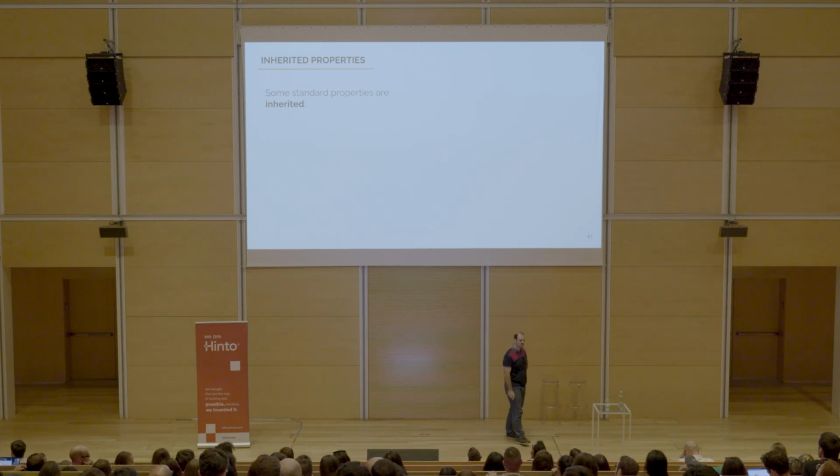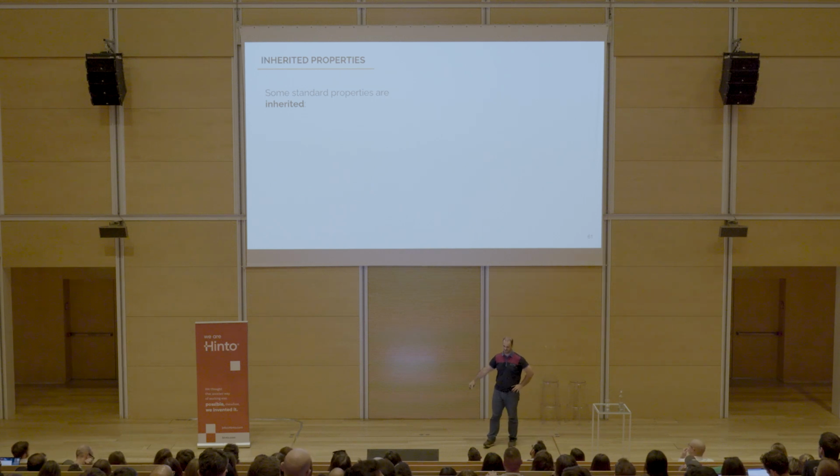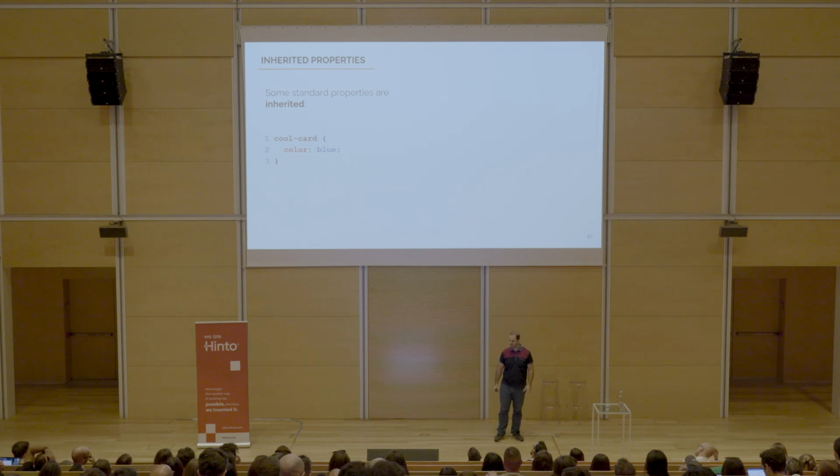Also, inherited properties pass through the shadow root. What does it mean? If, for example, color and maybe other text-related properties like font and so on, also visibility and direction, they're all inherited. We can define the color blue from outside the shadow DOM.